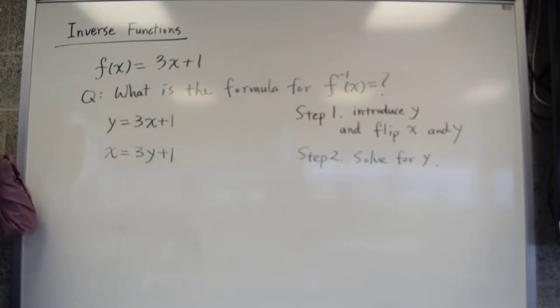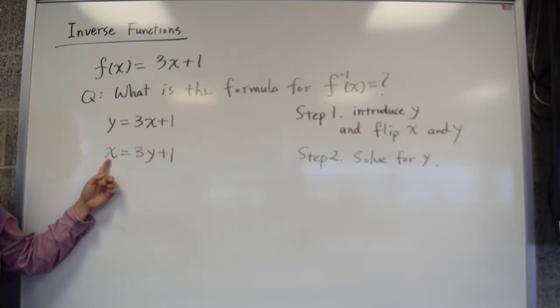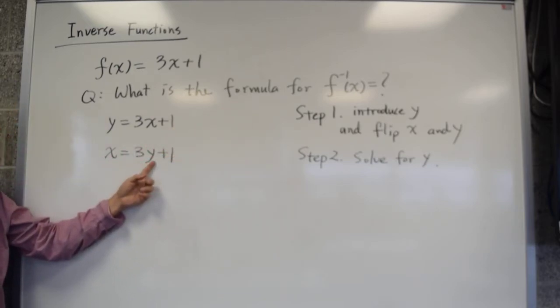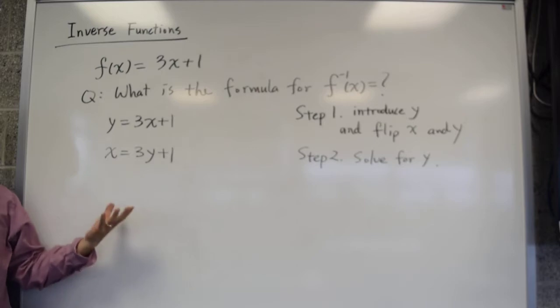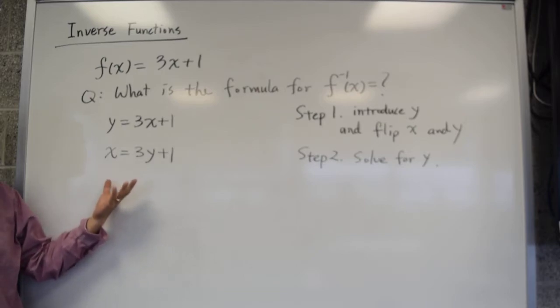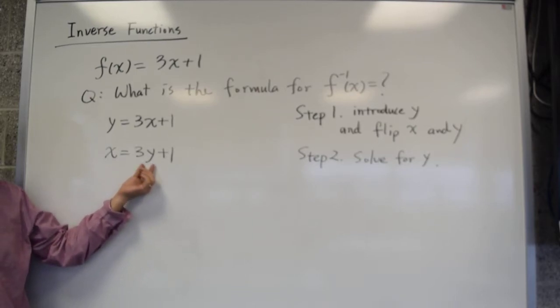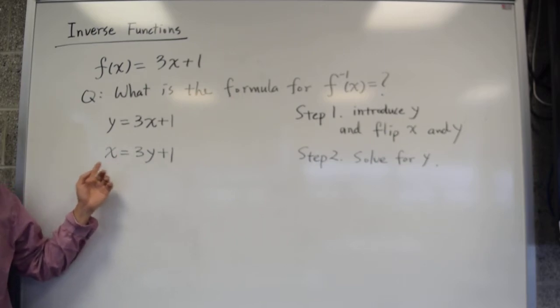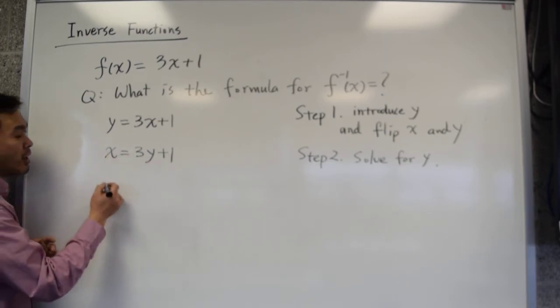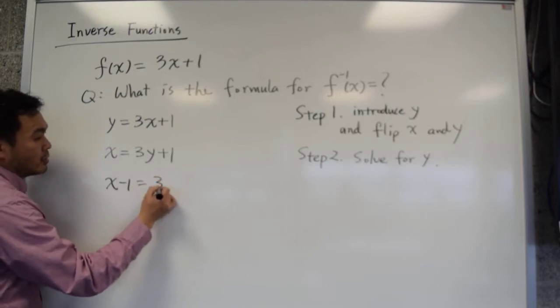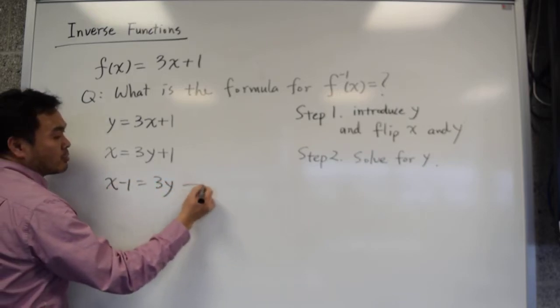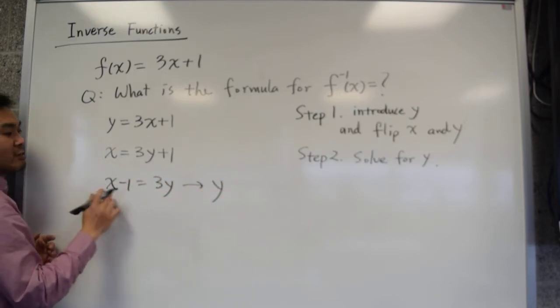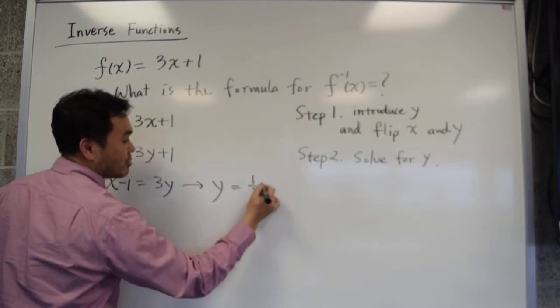Because, look, in this new function, this is your input and that's your output. And when you want the formula for a function, you always want to express your output as a function of input, right? So that's why you have to solve this. You subtract 1 and divide by 3, and you get y equals x minus 1 divided by 3, or 1/3 times x minus 1.